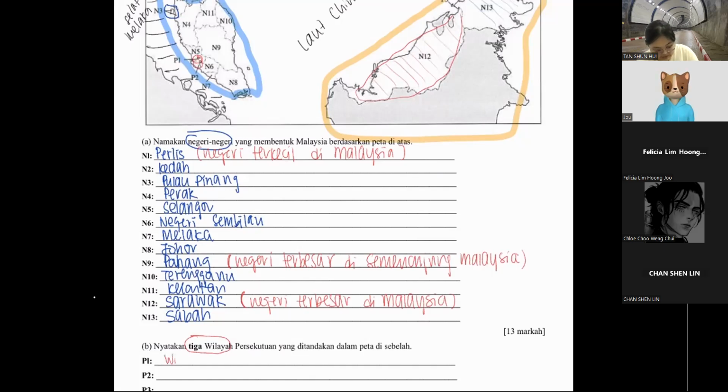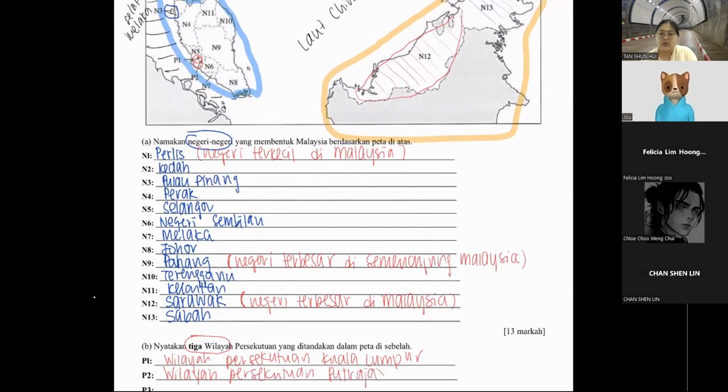So you will actually have your name as Wilayah Persekutuan Kuala Lumpur. Okay, and followed by Wilayah Persekutuan Putrajaya.